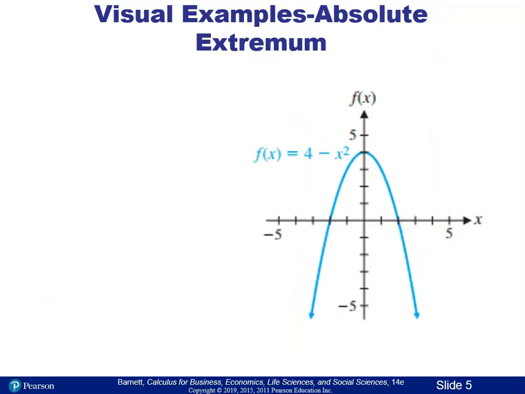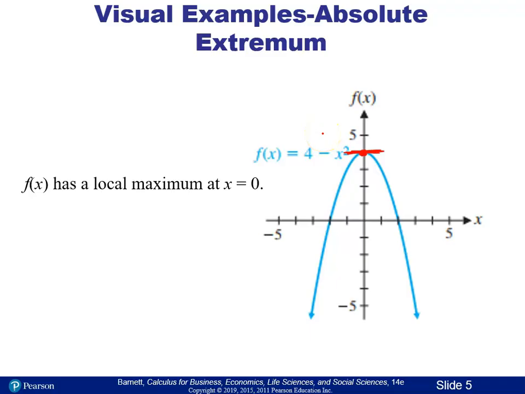Okay, so on one like this, if we're looking for absolute extrema, what we see is we do have what would be considered a local maximum here at x equals 0. This would actually also be an absolute maximum because it never gets higher than this value here of 4.